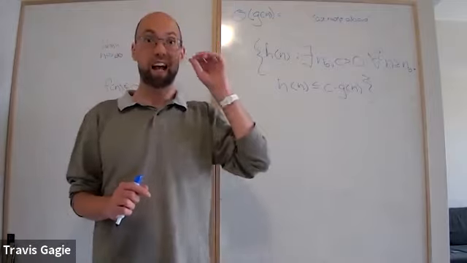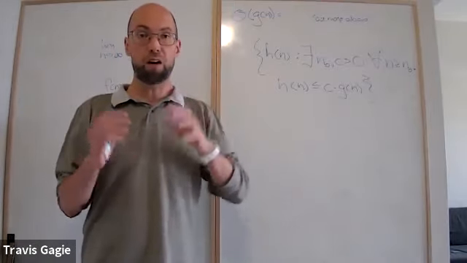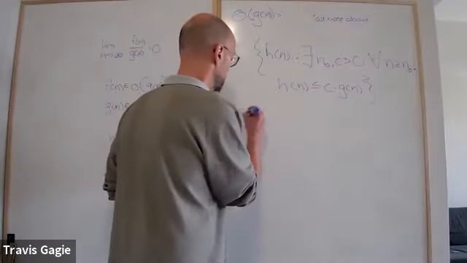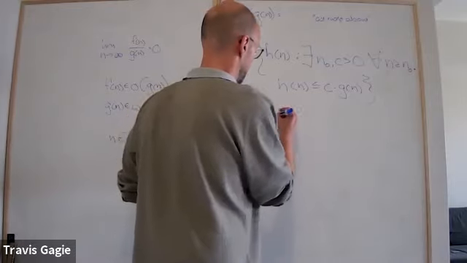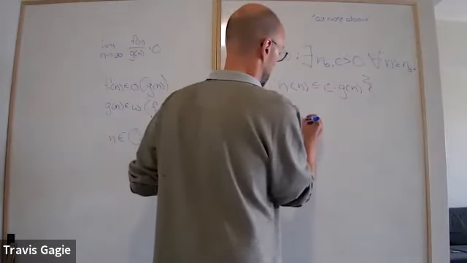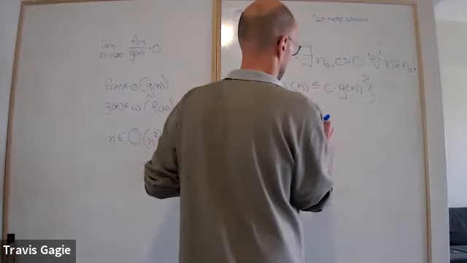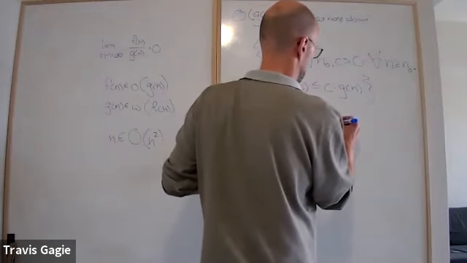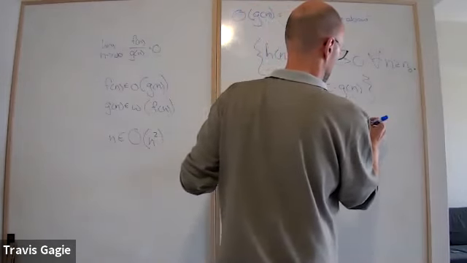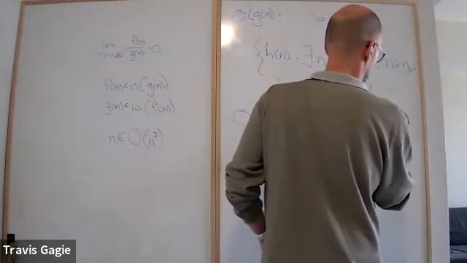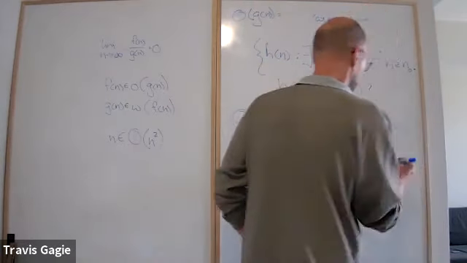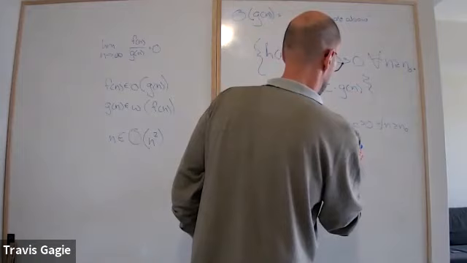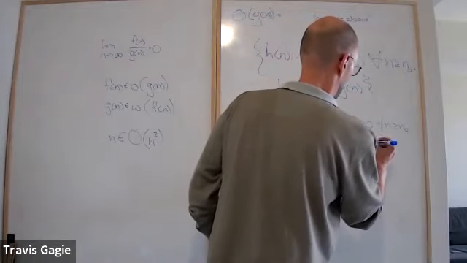When I say something like n is in big O of n squared, big O of n squared is the set of functions h of n such that, some people write colons, some people write a bar, such that there exists n0, c greater than 0, such that for all n greater than or equal to n0, h of n is less than or equal to c times n squared.